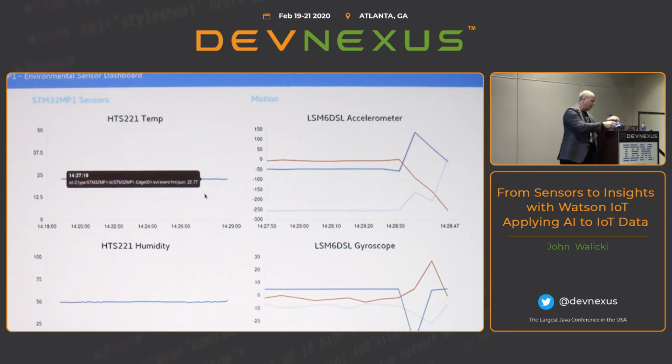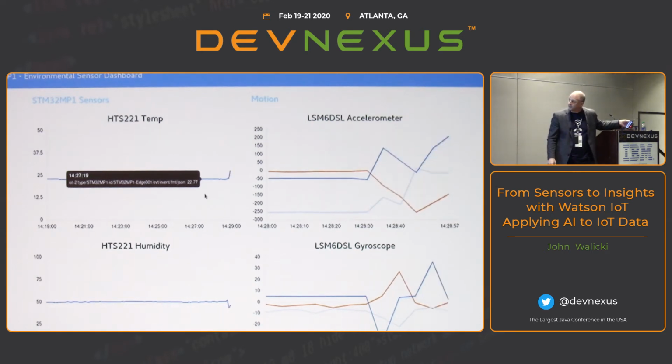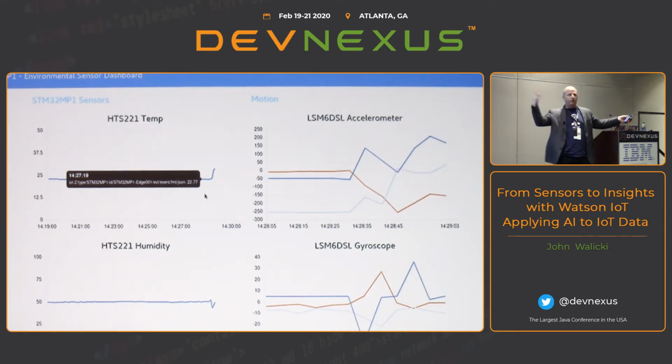And so I can actually put my finger on the humidity and temperature. I'll hold my finger there for a couple of seconds, and we can hopefully start to see the temperature start to rise, because now we've got data, it's in the cloud, we've got a visualization of it, but we're still not at insights yet.